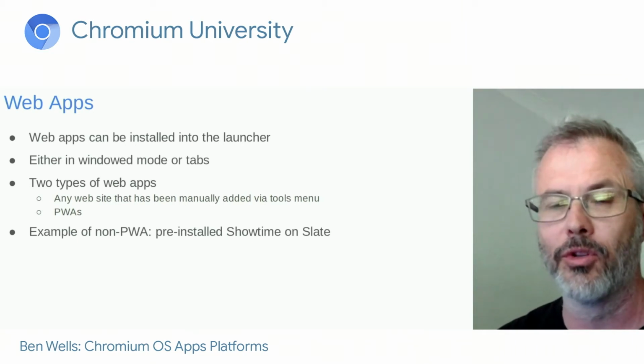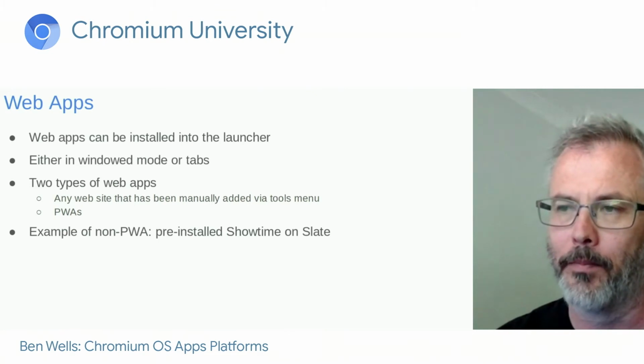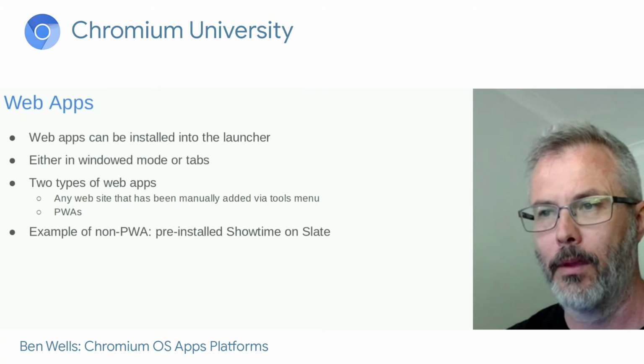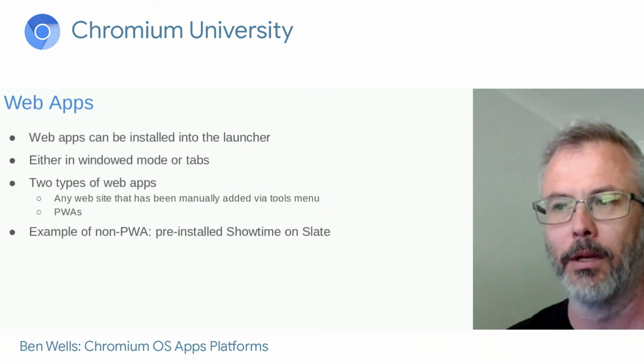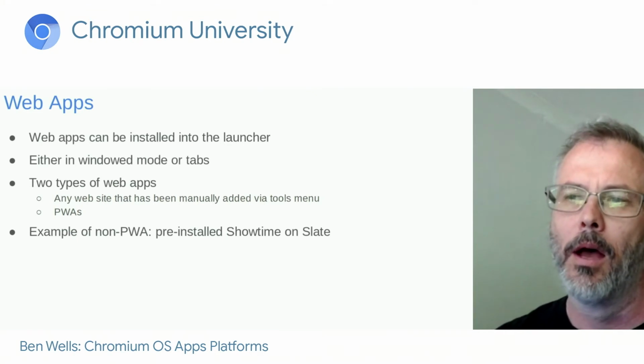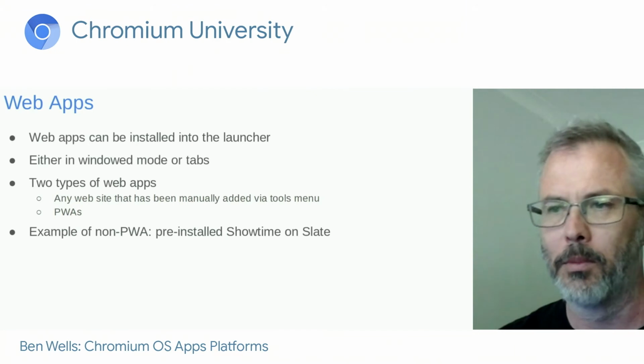A user can add a shortcut to a web app for any website that they're on. If there's good metadata, like icons, then we'll use those. The best way to add metadata for your web app is through the web manifest. And if the website provides great metadata, then this will be a pretty good experience.